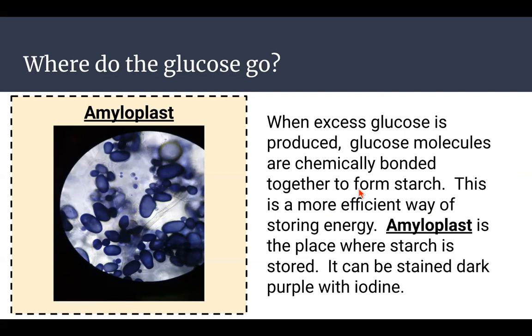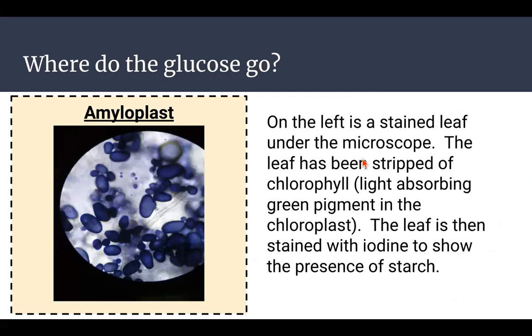Now, the picture on the left-hand side is actually stained amyloplast underneath the microscope. What the scientists did was take a piece of leaf and remove the chlorophyll, which is the green pigment that absorbs light.